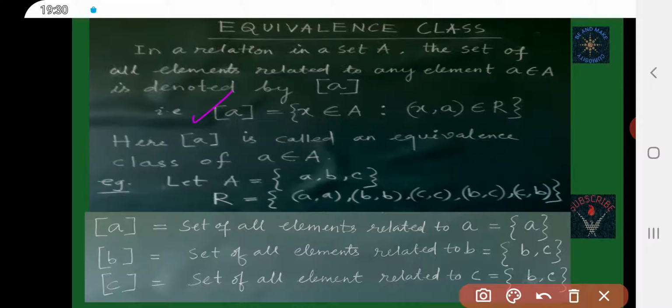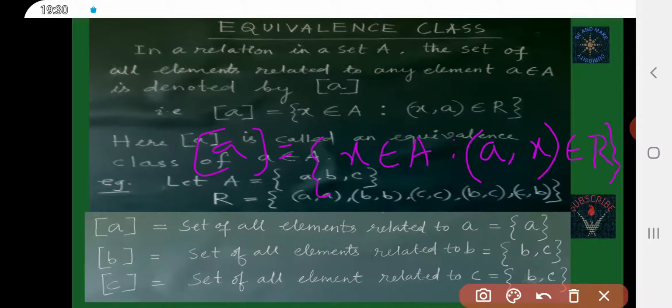This equivalence class contains the elements x of set A such that x is related to a, and this ordered pair must belong to the relation R. Okay, and also you can write the equivalence class of a as x belongs to A such that a is related to x, and this ordered pair must belong to R. Okay, you can write it like this also.